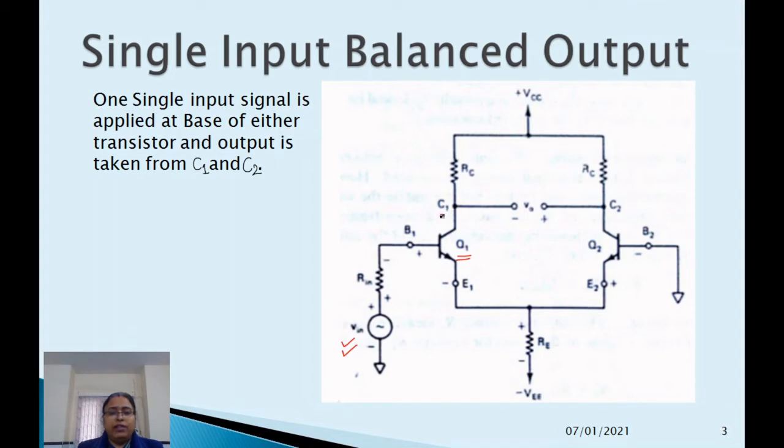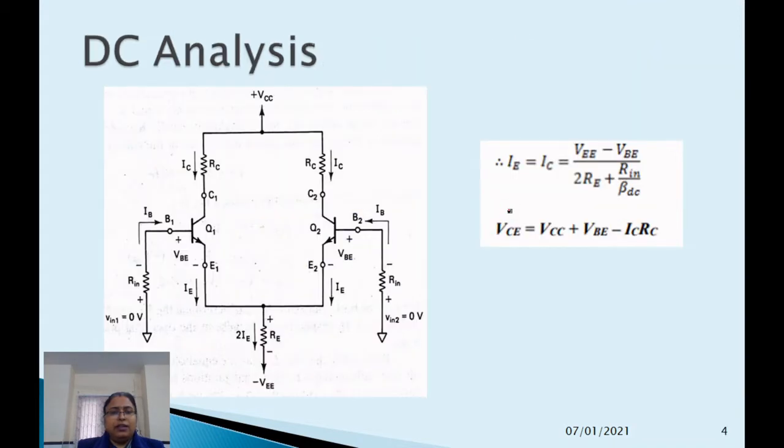Balanced means it is taken across the collectors of both the transistors, C1 and C2. And as we know, these C1 and C2 are at the same potential, that is why it is called the balanced output configuration. So for this configuration, we will be analyzing the DC analysis as well as the AC analysis.